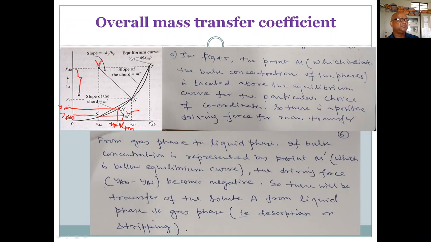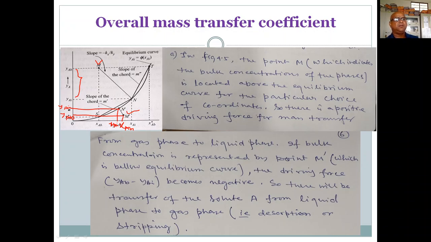But in the other case, with XAB high, the driving force is this minus this, so negative. If you make the calculation, everything remains the same, but mass transfer will take place from the liquid phase to the gas phase, and that is called stripping. That's why absorption and stripping are taught in a single chapter.